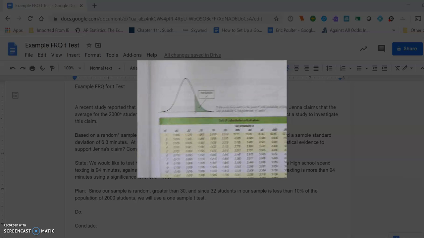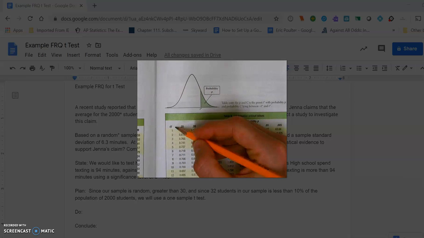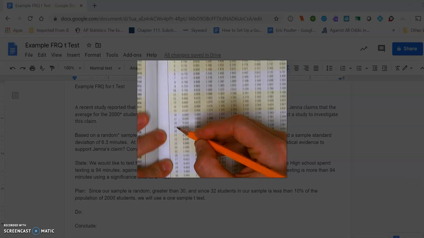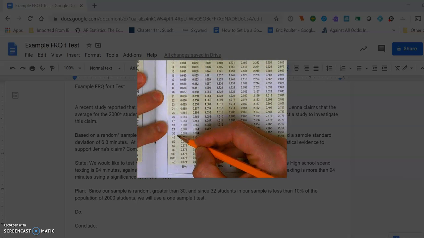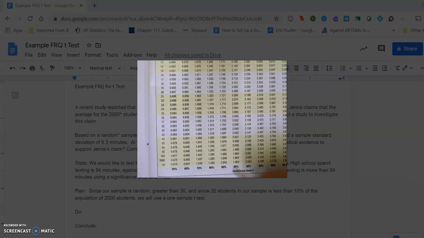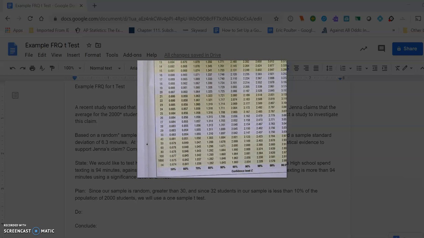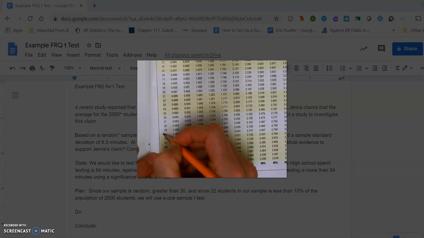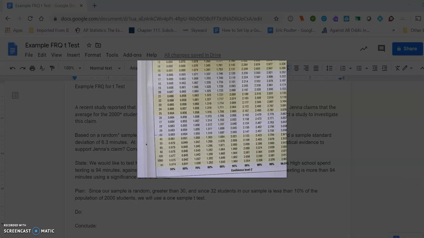I look over here on the left-hand side where I see degrees of freedom, and I scroll down until I see 31. 31's not there. It goes from 30 to 40. Yours might have it, mine doesn't. So I'm going to have to round down to 30, and I'm going to look in this row exclusively and ignore every other row.